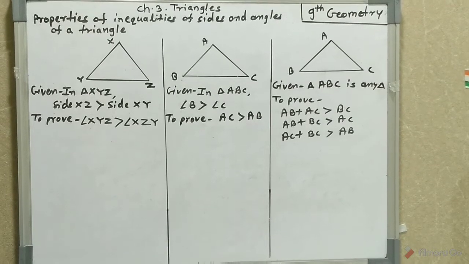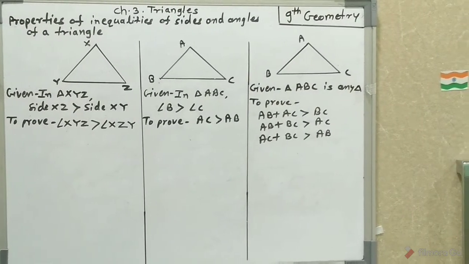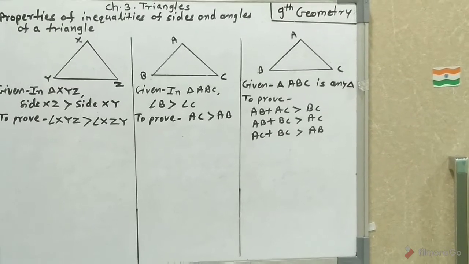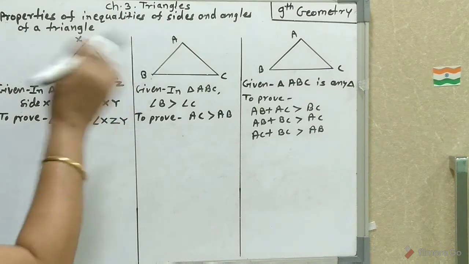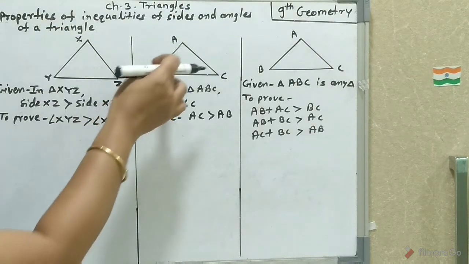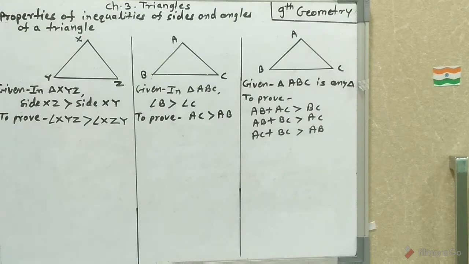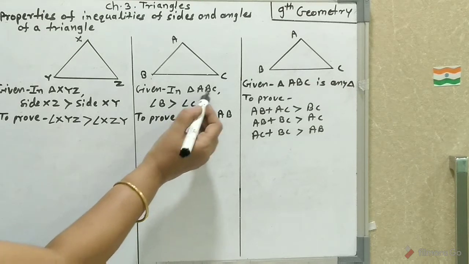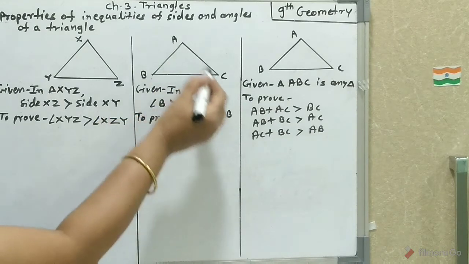If two angles of a triangle are unequal, then the side opposite to the greater angle is greater than the side opposite to the smaller angle. Here first we see the angle greater and then the side also greater. In triangle ABC, angle B is greater than angle C, and we prove that AC is greater than AB.